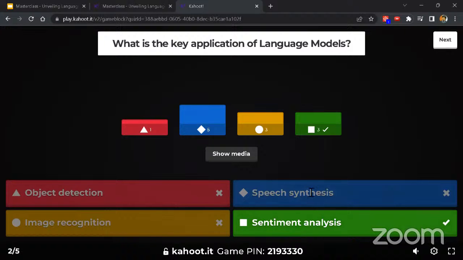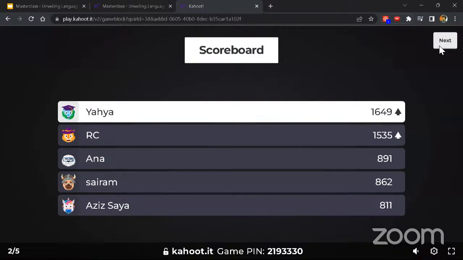Speech involves audio data also, so it's debatable. It's between option two and option four, but definitely not option one. Option one is computer vision, and option three is also computer vision, image recognition. So definitely not one and three. I think sentiment analysis is the right option because that involves language models.